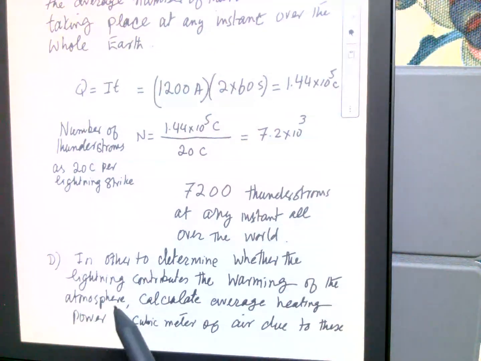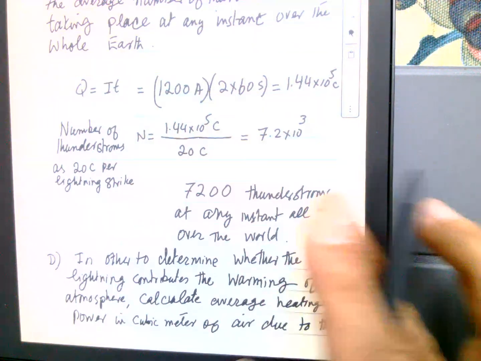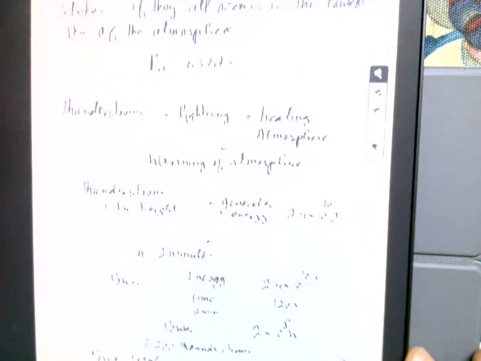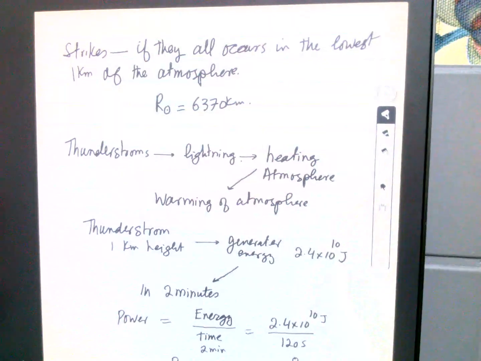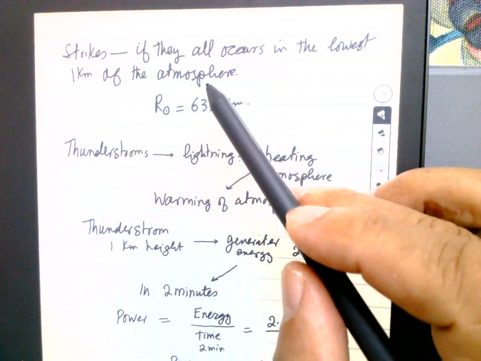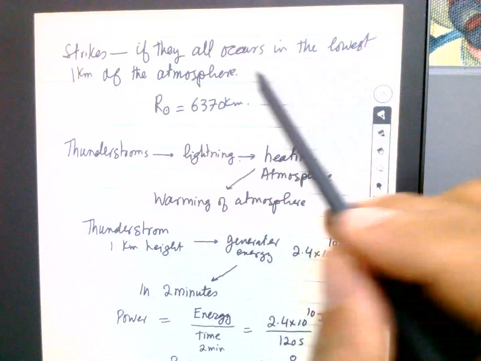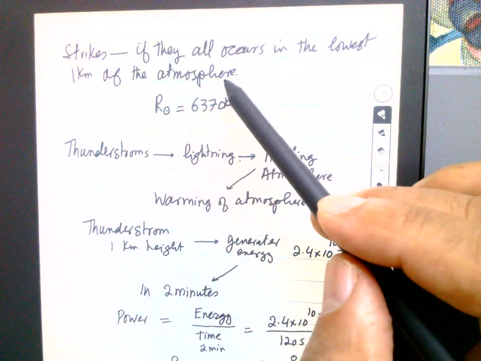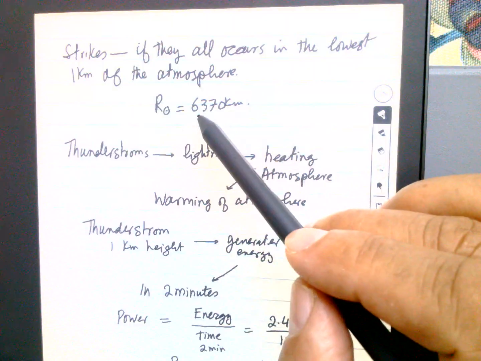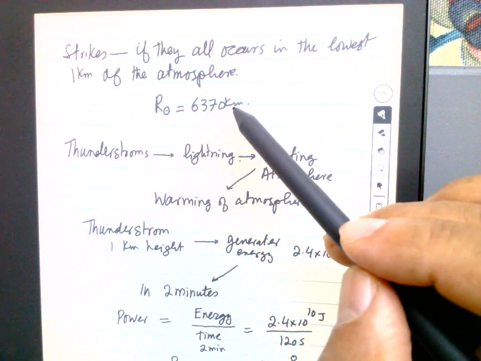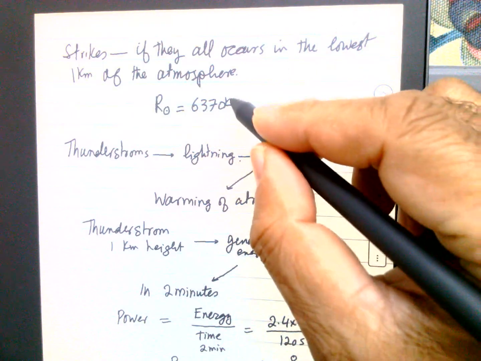Next question: in order to determine whether the lightning contributes to the warming of the atmosphere, calculate the average heating power in a cubic meter of air due to these strikes, if they all occur in the lowest 1 kilometer of the atmosphere. The radius of the Earth is 6370 kilometer.